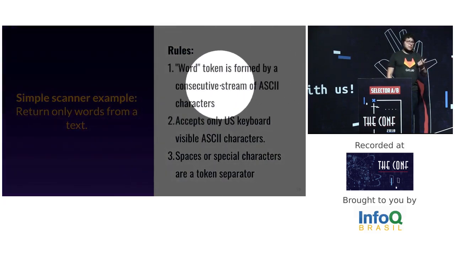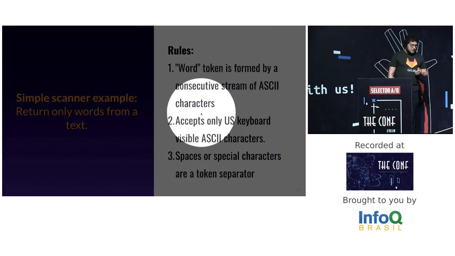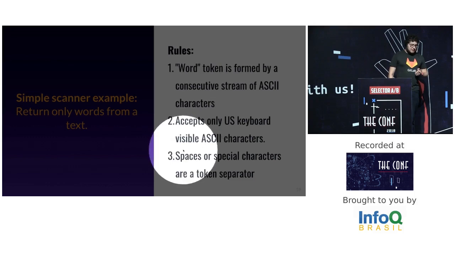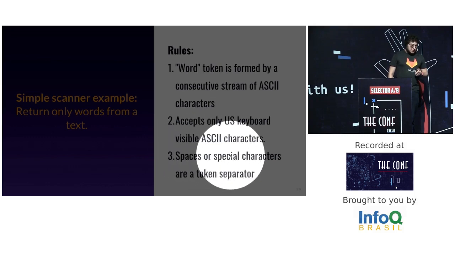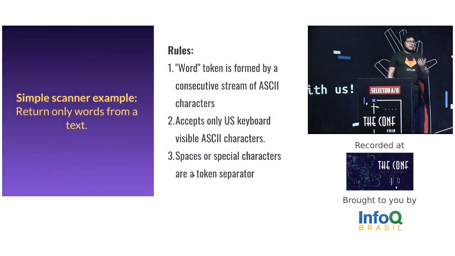We know that words are separated by white space, but we are also adding the rule that if there is a special character, we also consider it a space. So for example, if there is a comma or a period, we don't care about it. We just care about the words.